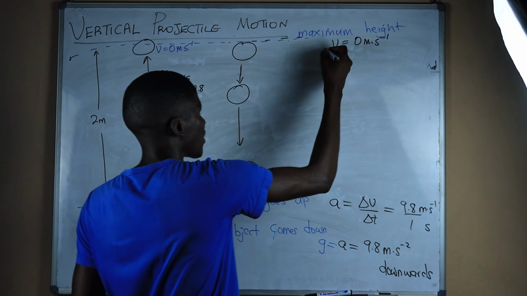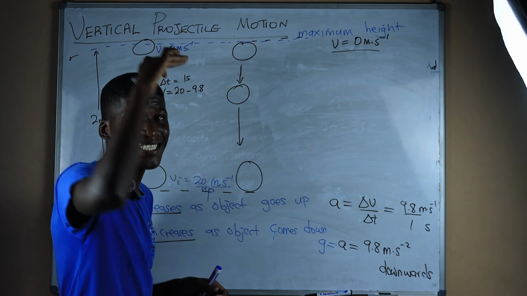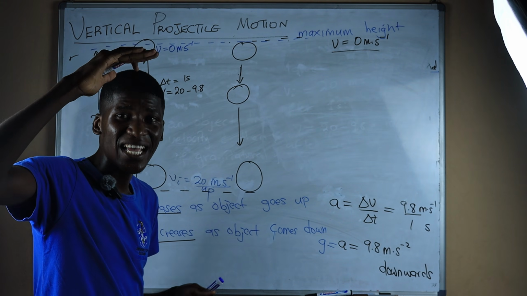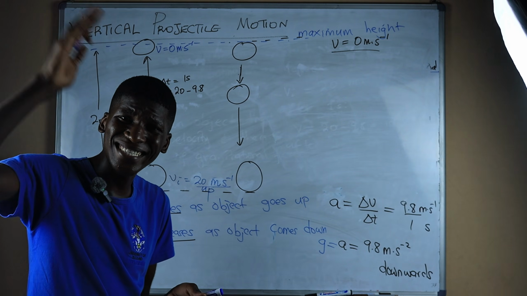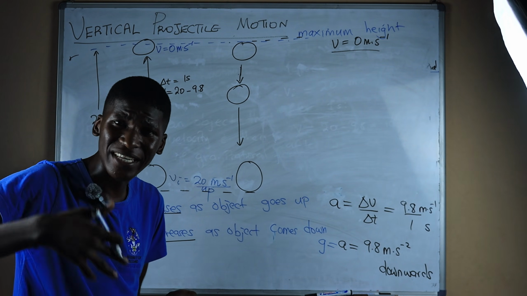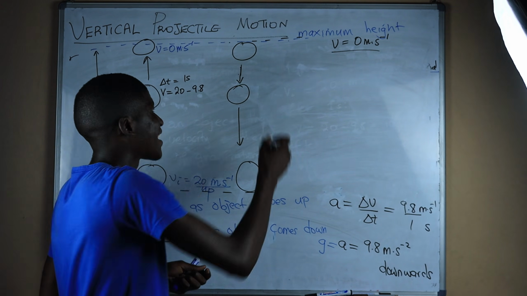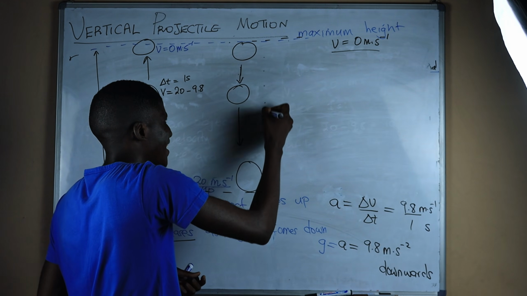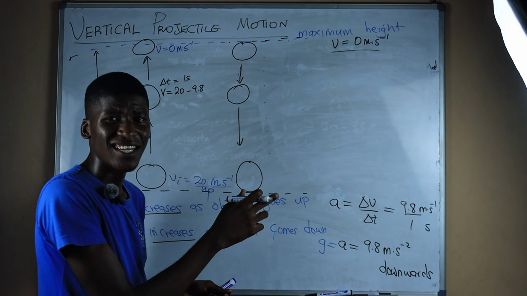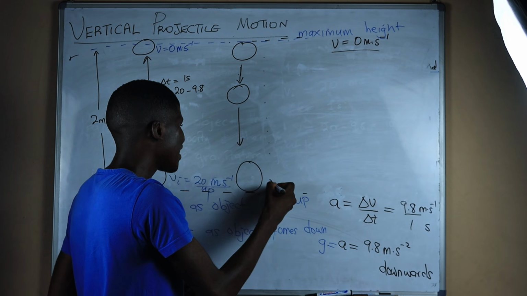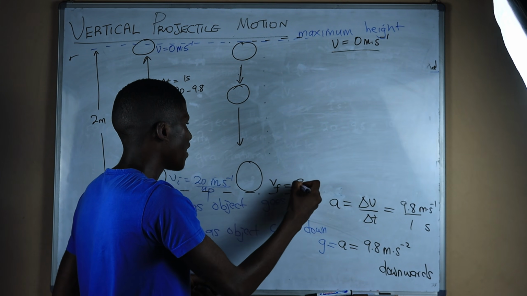So from that 0 meters per second at the maximum height, as the gravitational force keeps on pushing the object down, it will start gaining 9.8 meters per second, such that when the object comes back to where it started, it will have the same velocity.